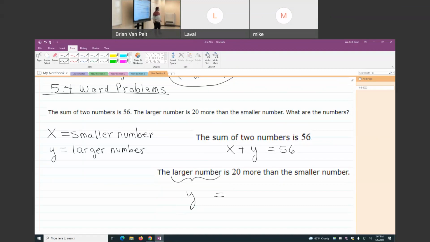Now, what does the other side of the equal sign say? 20 more than the smaller number. So in this easy problem, they literally wrote their own sentences.